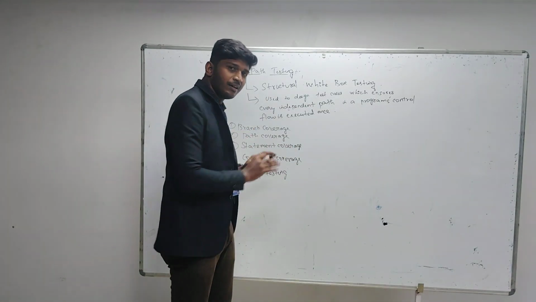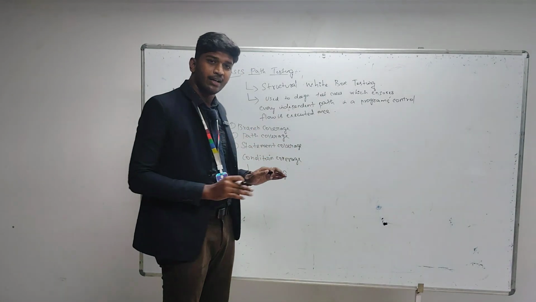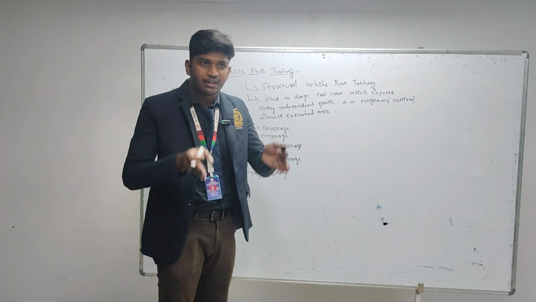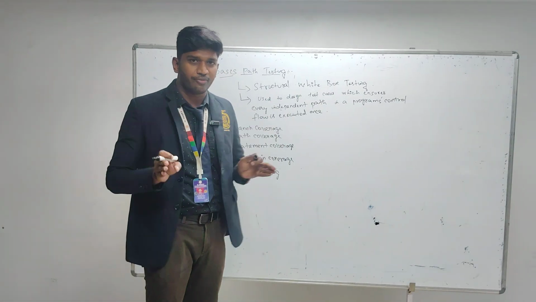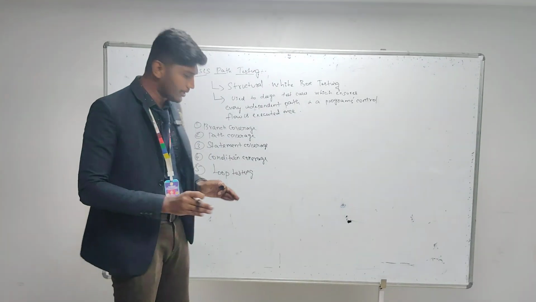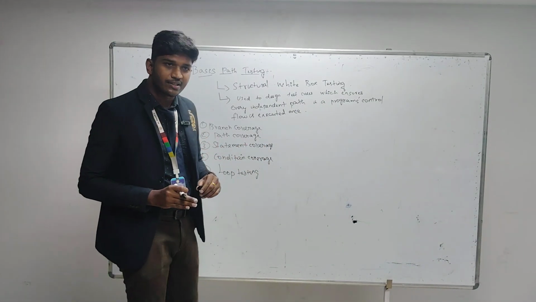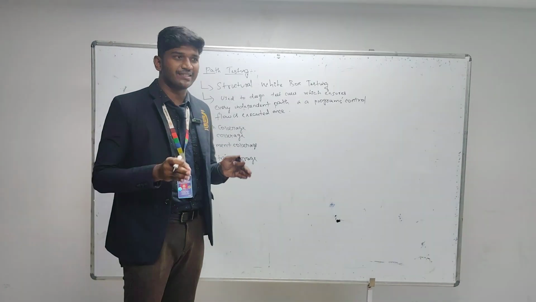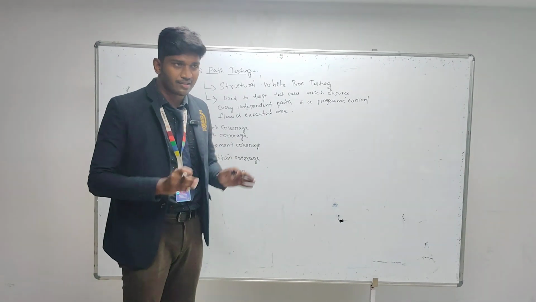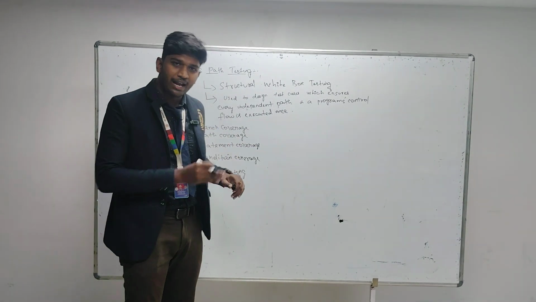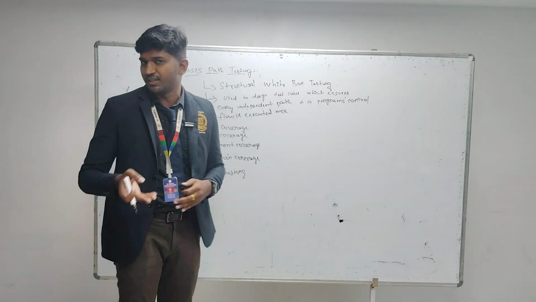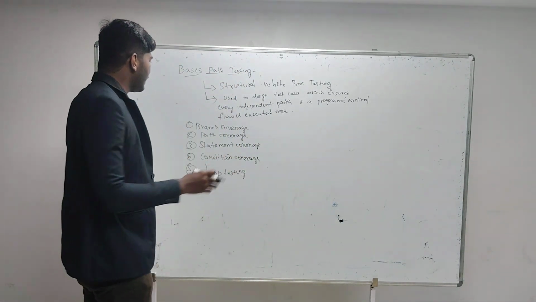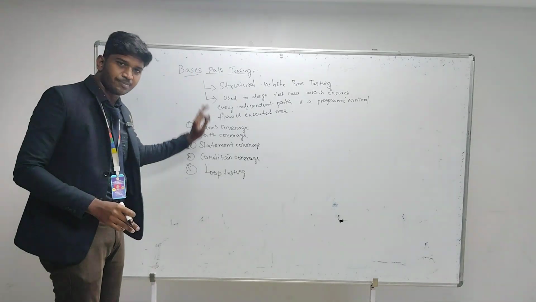Statement coverage means a statement is executed when the particular condition is true or false, so all the statements are executed. Condition coverage means whether the set of protocols adheres to all the conditions in the given program. And finally, loop testing deals with if, while, do, if-else, and so on. Similarly, these terms come under basis path testing.